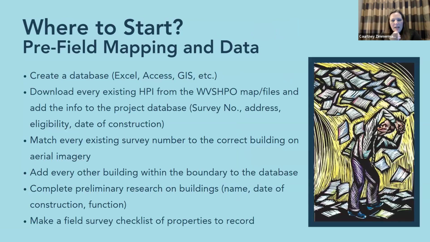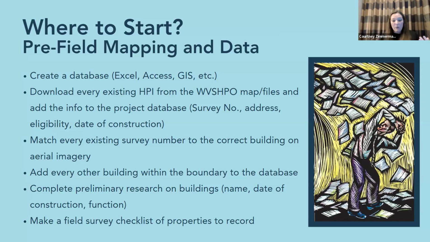What we do, if we're resurveying and there's already been an extensive survey, even if there hasn't been a survey, we start with a database, and you can use different software for this. We take every existing HPI, we put it in the database, and then we start correcting the coordinates if we need to, updating the address, making sure we know where they are, making sure every existing survey number is matched up on the map to the right building.